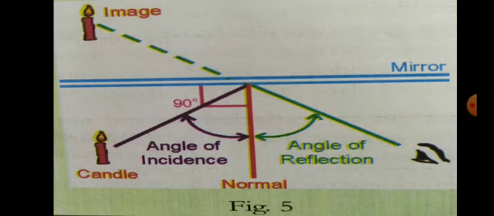Here you can see our eye sees the object, that is the candle, in the mirror, and feels that light is coming from the candle which seems to be behind the mirror. In this way, we see an image of the candle.